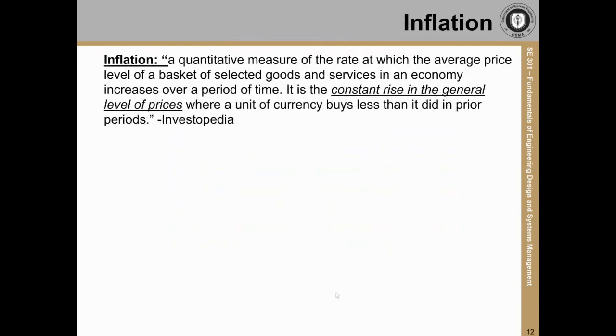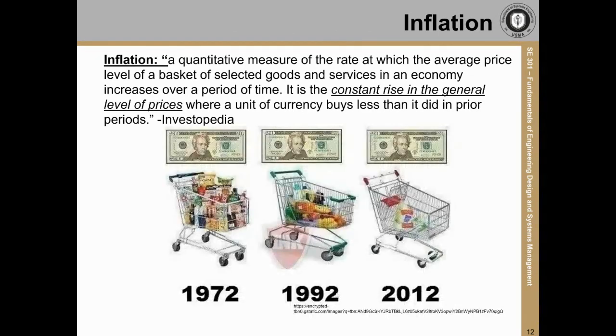So interest is important, but the other thing we have to take into account is inflation. I'm sure all of y'all are familiar with inflation, but here's the definition from Investopedia for it. The basic premise is that as you go further along, you end up having less buying power with your money. If you look at the 1992 shopping cart versus the 2012 shopping cart, you're getting significantly less.